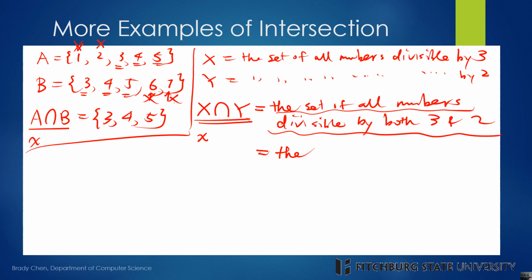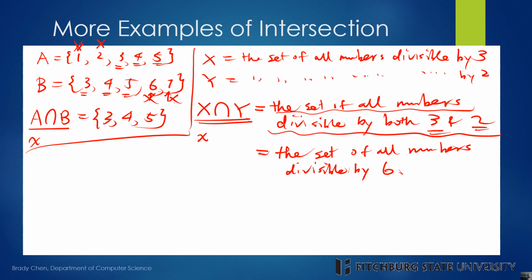But you can simplify this. If divisible by both 3 and 2, then it's the set of all numbers divisible by 6, since you can multiply 3 and 2 to get 6. Now these are the same set.